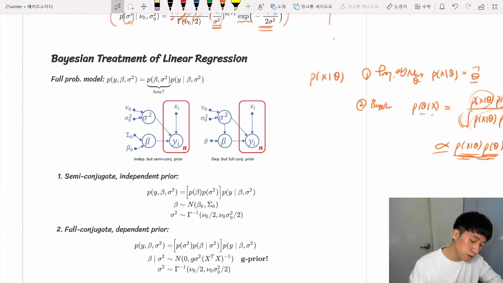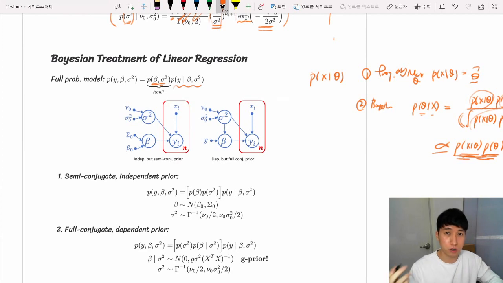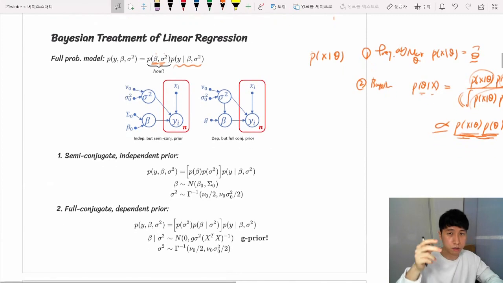And in the linear regression setting, our parameters were beta and sigma squared, and our likelihood was this one. So doing Bayesian analysis of linear regression is equivalent to giving a prior on both of these parameters and getting an appropriate posterior, preferably one that is conjugate, right? There are actually two ways.